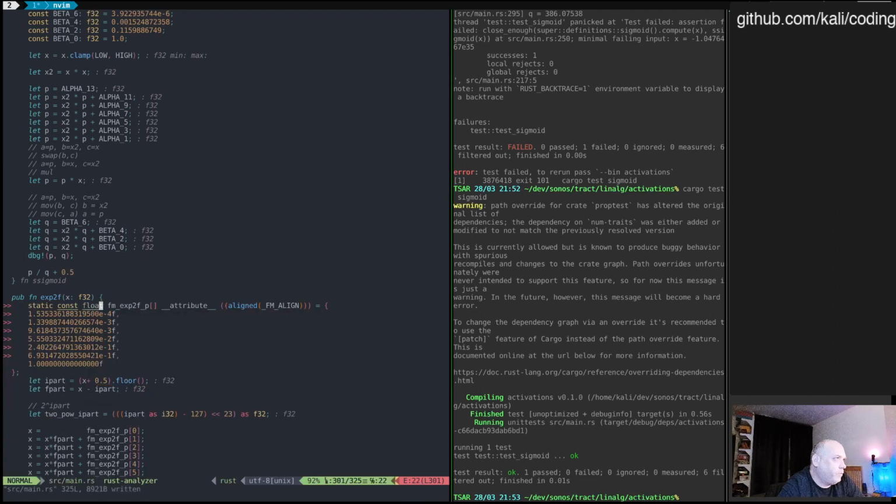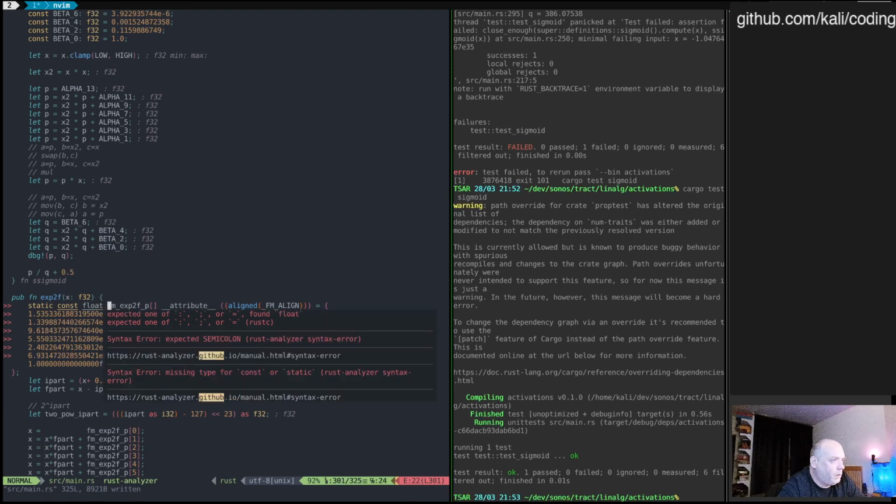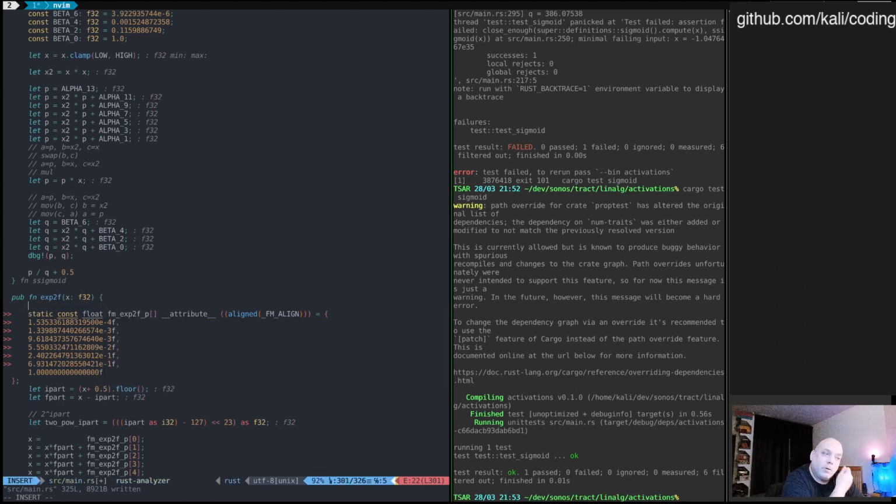So static const float. Let's simplify this a bit. We will just call it an array of an array.